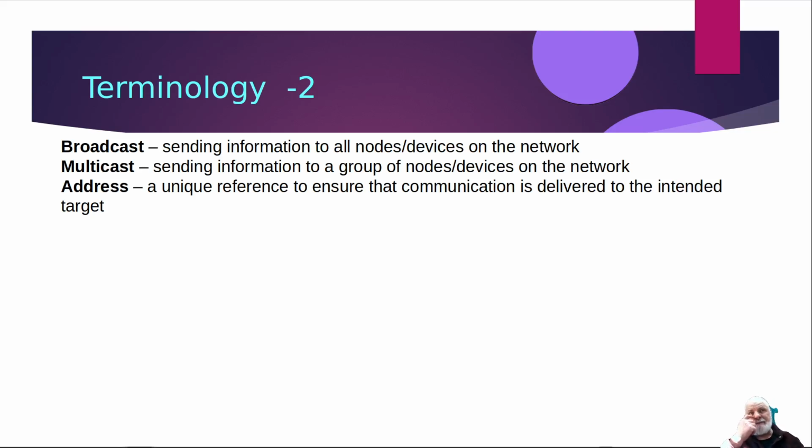And then there's a multicast. Multicast is very common for gaming. It's where you have a group of people who all want to share this information, and so you send it to all of this limited group. And then there's just an address, meaning a single device or a single host that we want to send the message to. So we're sending it directly to them and no one else.